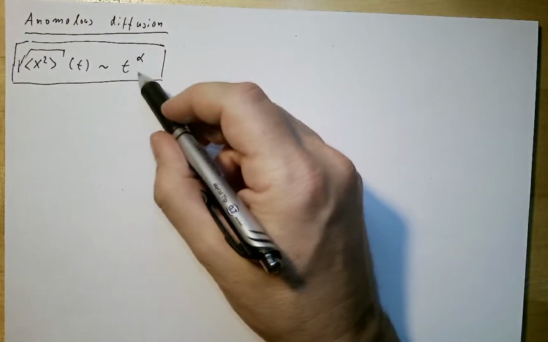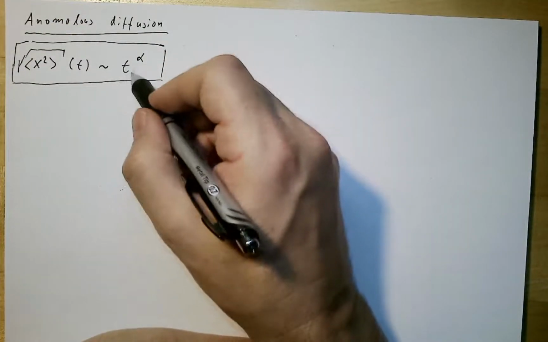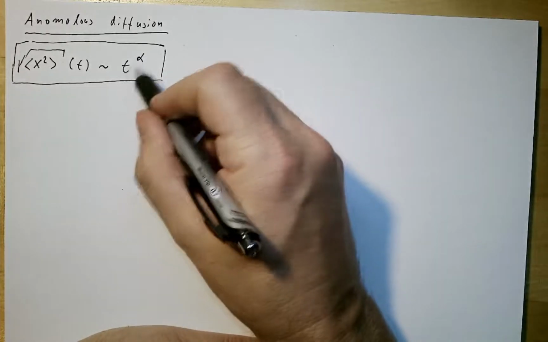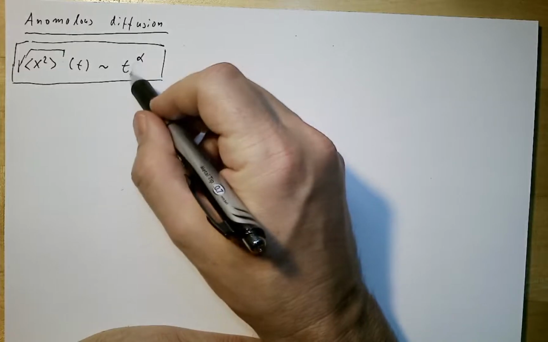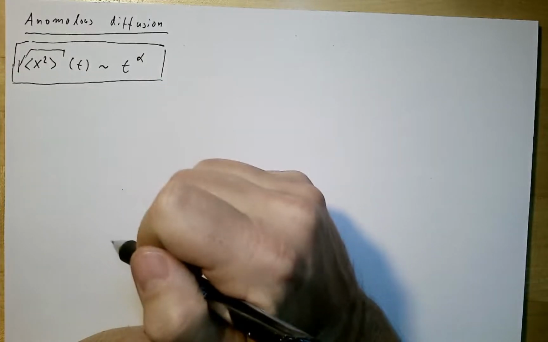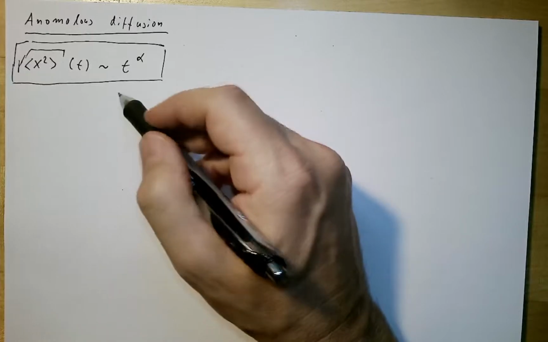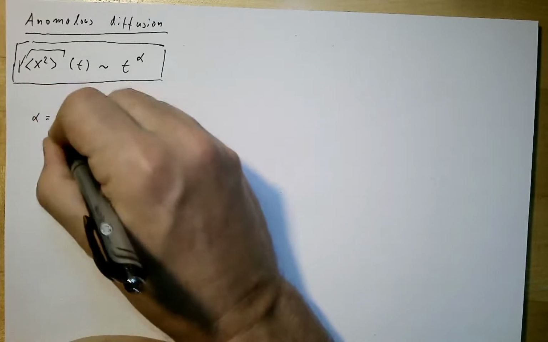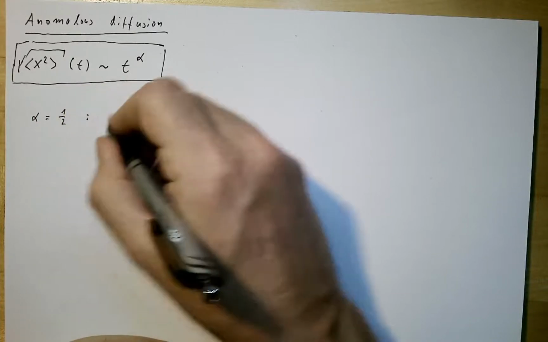We have seen this in the short-range correlated walk, or maybe only until a certain time, until we have saturation, as we have seen in the DNA walk. And then we say if alpha equals 1 over 2, then we call this diffusion.